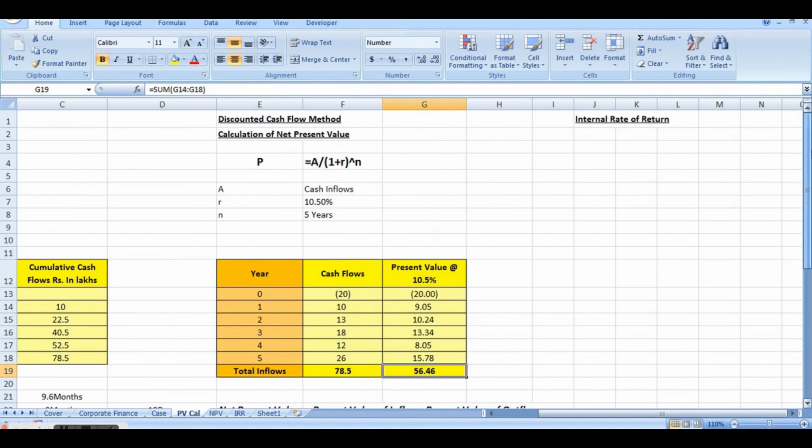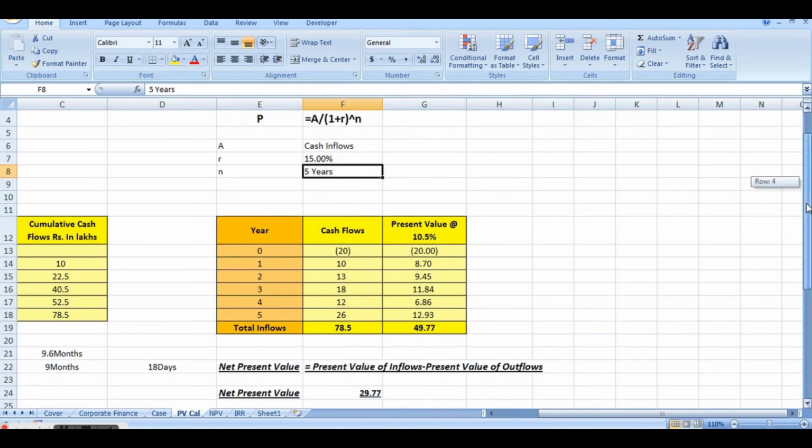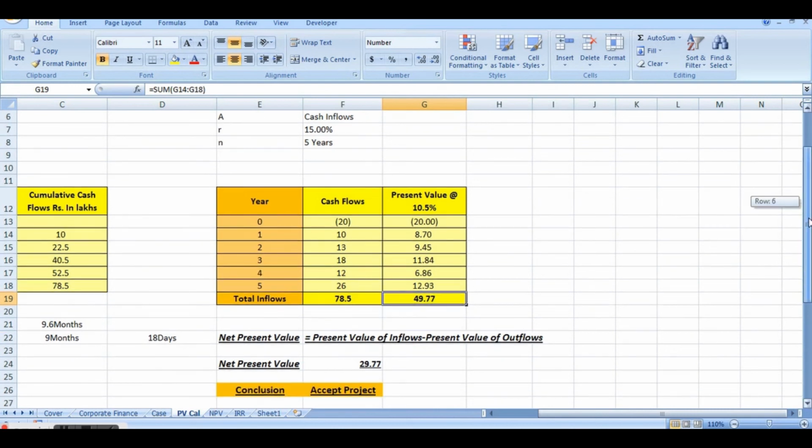Now if we change it from 10.50% directly to 15%, meaning if the interest rates in the economy go up, RBI increases the interest rates, check here. The present value of inflows has gone down from 56 to 49 and the net present value has also gone down.